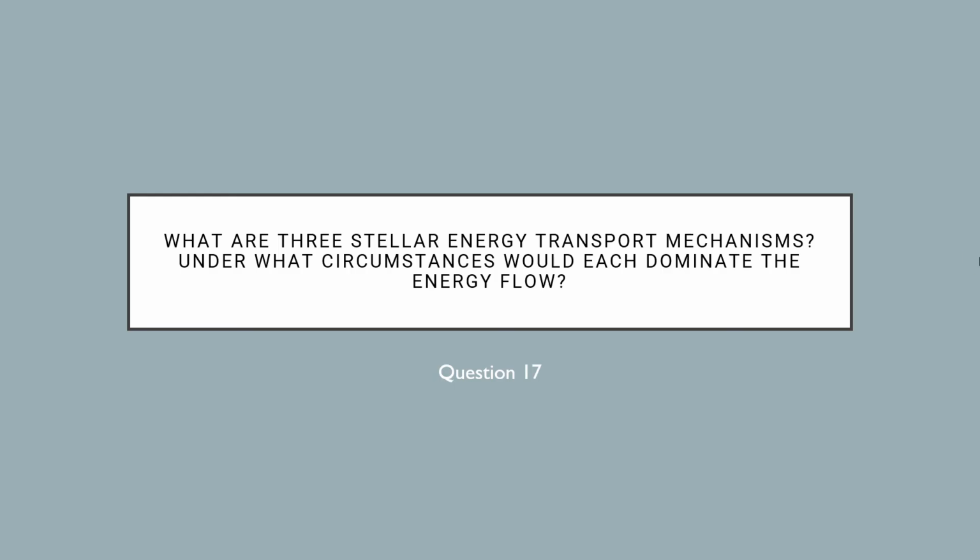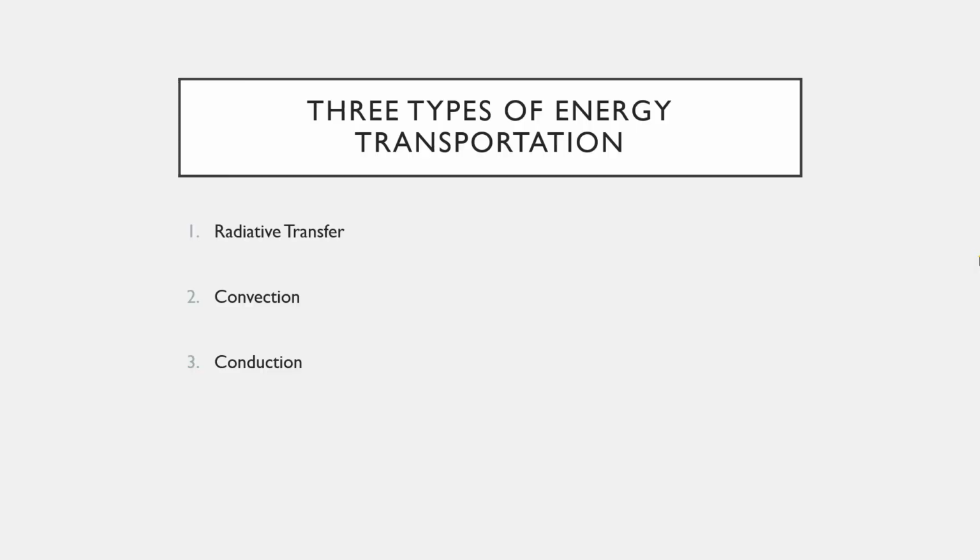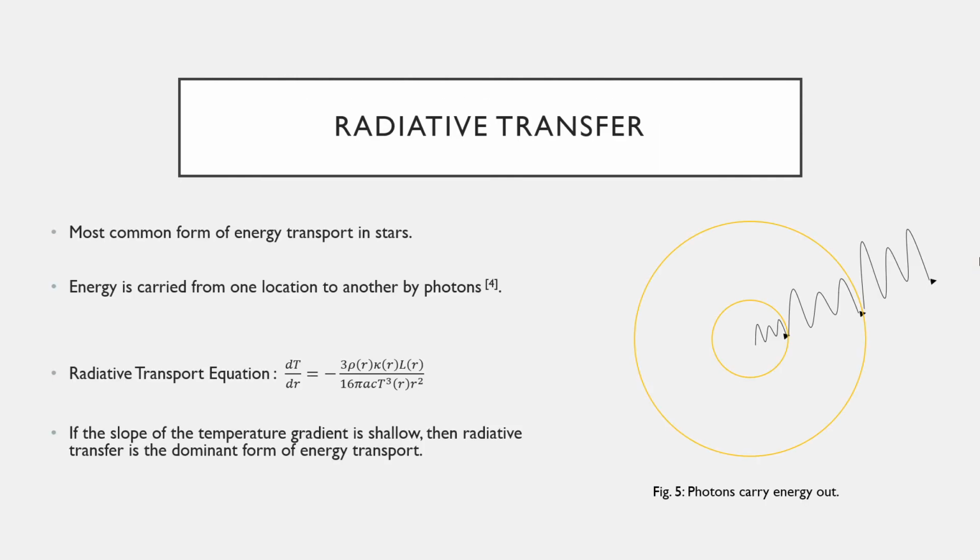For the second half of this presentation, we will discuss the three types of energy transport in stars and when each type dominates. The three types of energy transfer are radiative transport, convection, and conduction. Radiative transfer is the most common form of energy transport in stars.